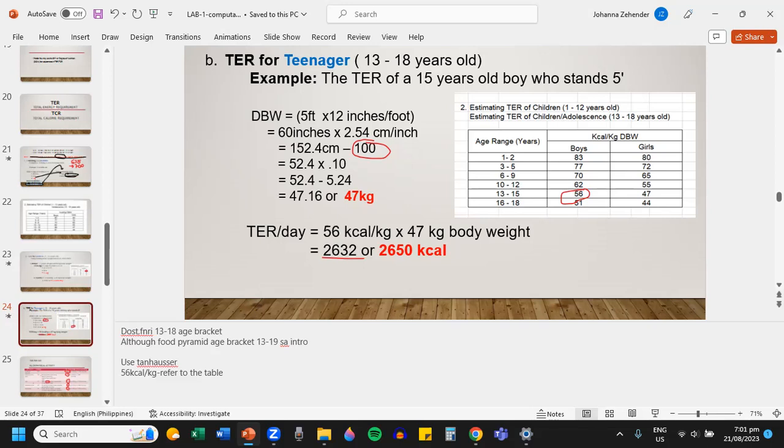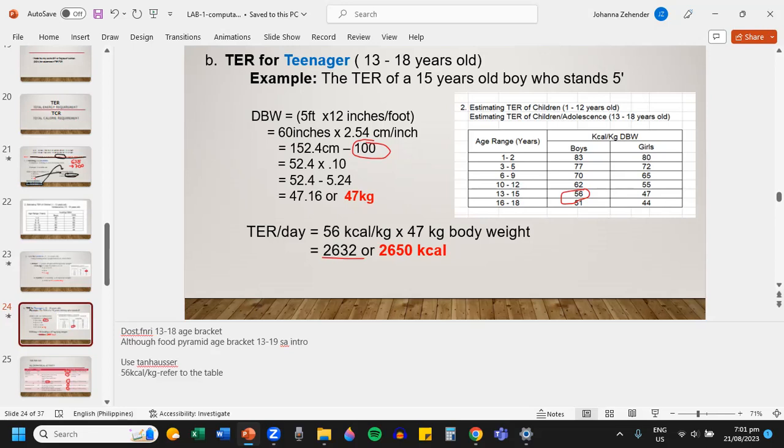Now you're going to multiply that by 10% because you're going to deduct that. So 52.4 minus 5.24 will lead you to 47.16, or 47 kilograms, as the teenager's desirable body weight.